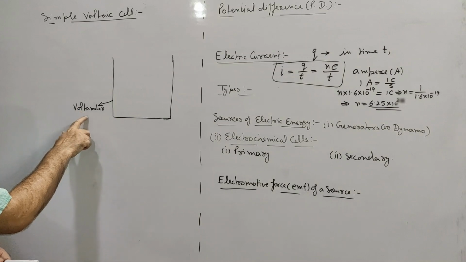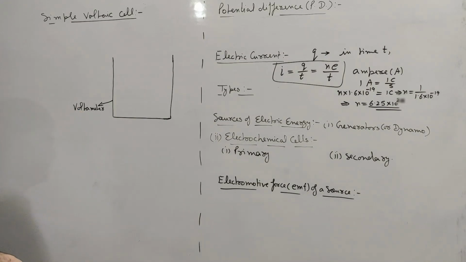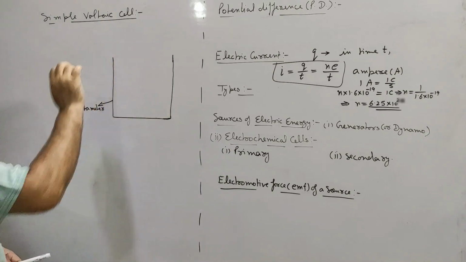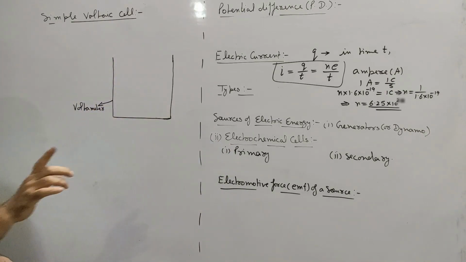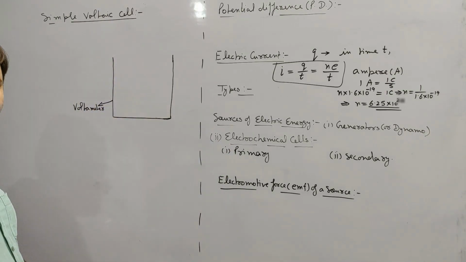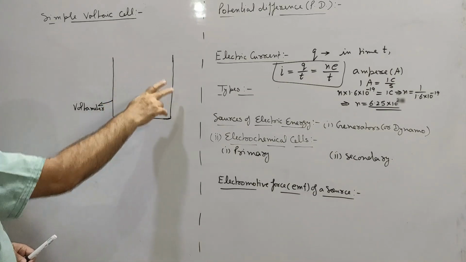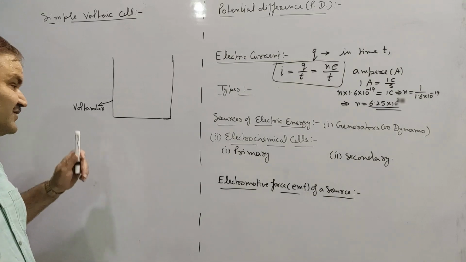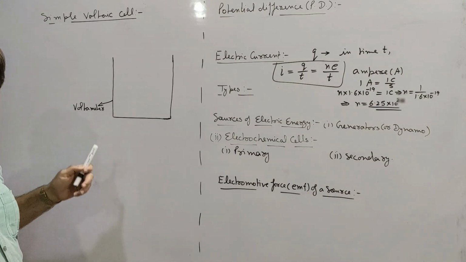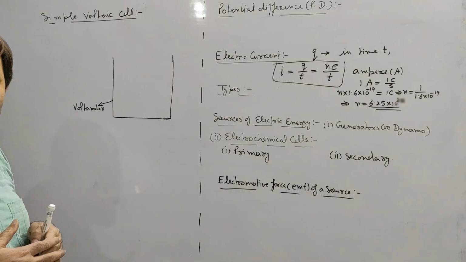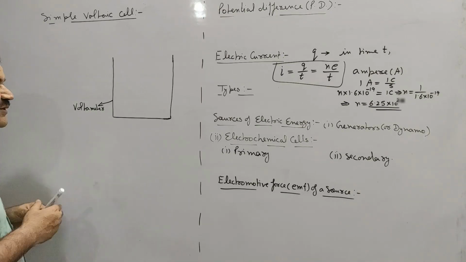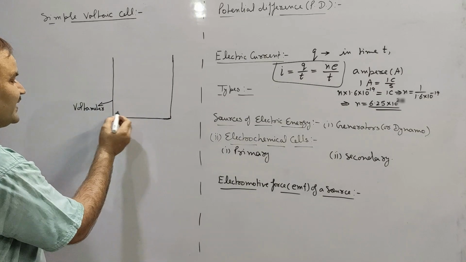This vessel is called a voltameter. Here the simplest type of primary cell is the simple voltaic cell, so I will tell you about that cell also. So the voltameter is the vessel in which the cell is formed. Actually, the voltameter is the vessel in which the process of electrolysis takes place. We will come to what electrolysis is later on.